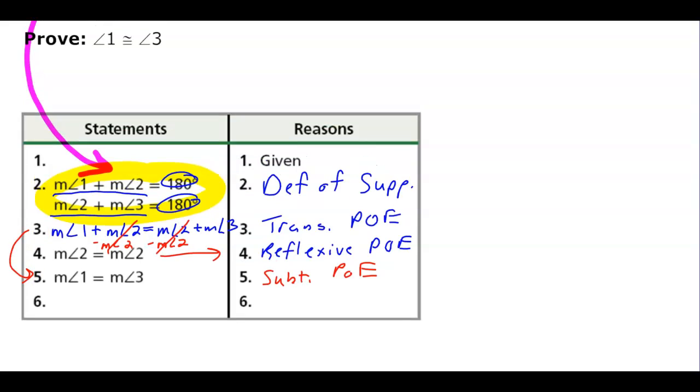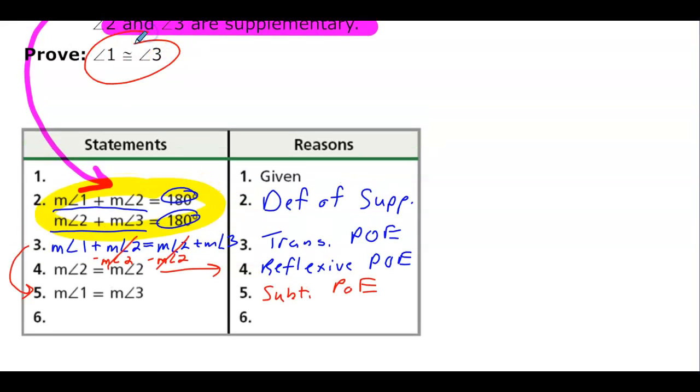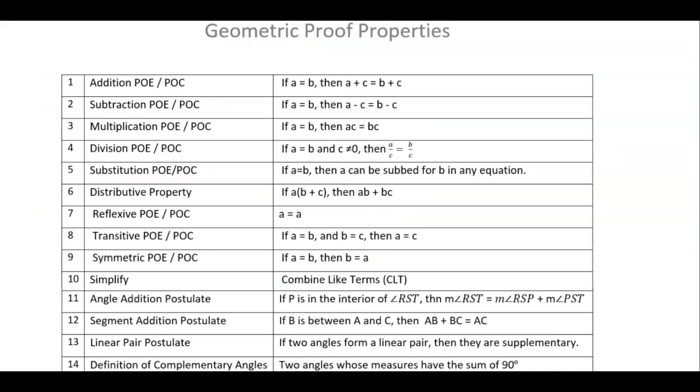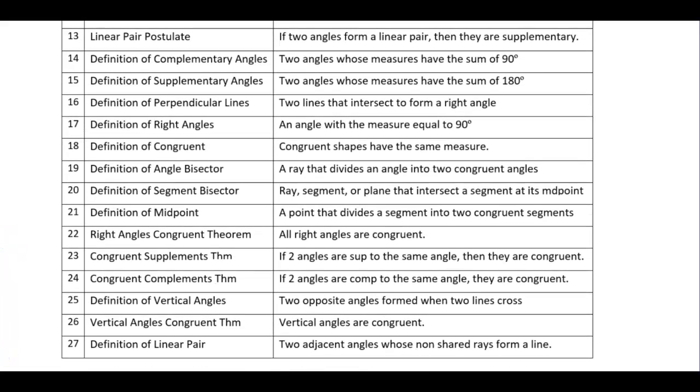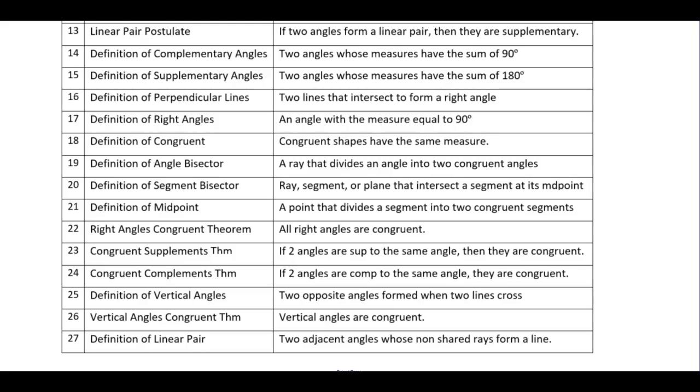And then lastly, what you're trying to prove is obviously going to be the last statement. So angle 1 is congruent to angle 3. And that is the definition of congruence itself. So if I go back to the cheat sheet, let's find out where that's at. The definition of congruent right here.